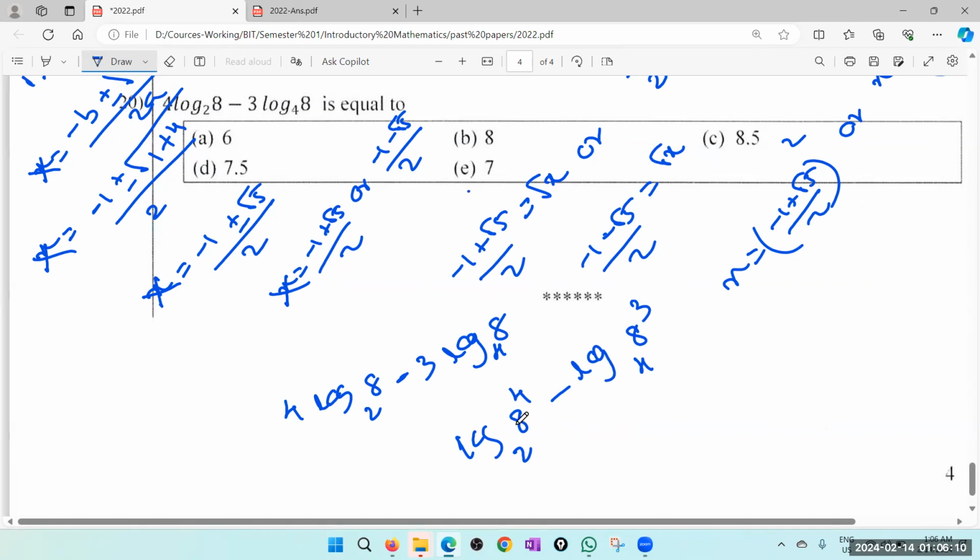Okay, so if I can write this as a power of 2, that is fine. If I can write this as a power of 4, that is also fine. But this is 8 into 8 into 8, that is 64. This we can't write as a power of 4. But definitely this we should be able to write as a power of 2.